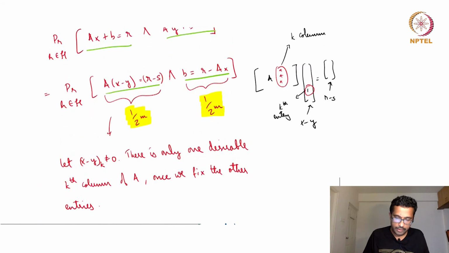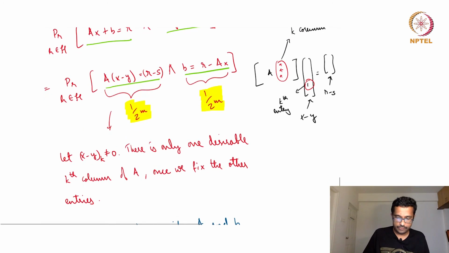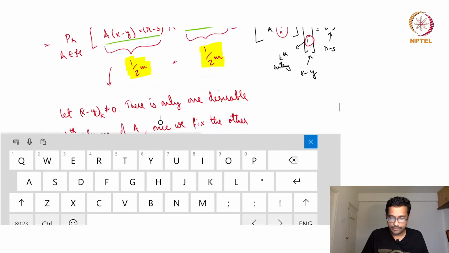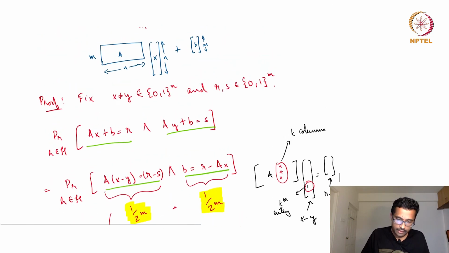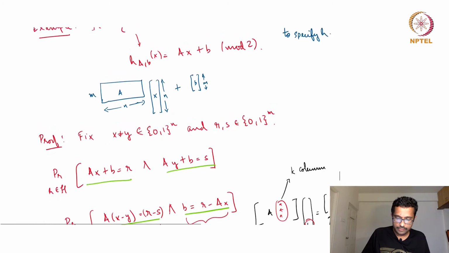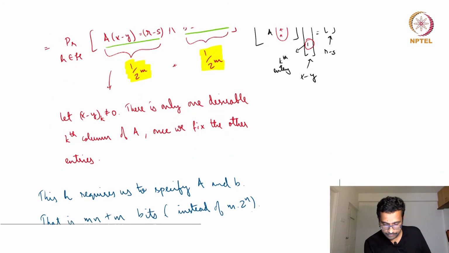So this probability is 1 divided by 2 power 2m. This is just multiplication, which is what we were seeking as well. We wanted the probability to be 1 by 2 power 2m, and we have shown that it is 1 by 2 power 2m.